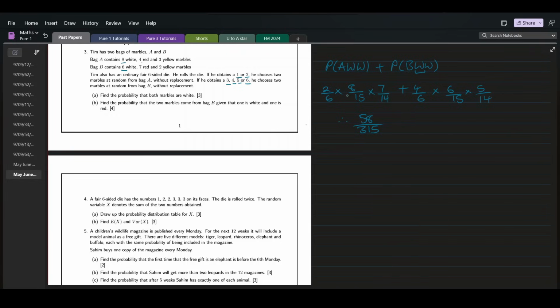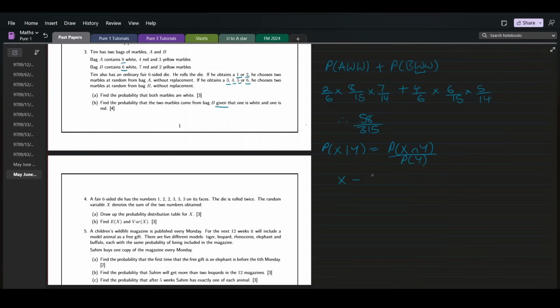Part B says find the probability that the 2 marbles come from bag B given that one is white and one is red. So this given here tells us that we're dealing with conditional probability. So our formula for conditional probability is the probability of X given Y is equal to the probability of X intersection Y over the probability of Y. So let's define our events.